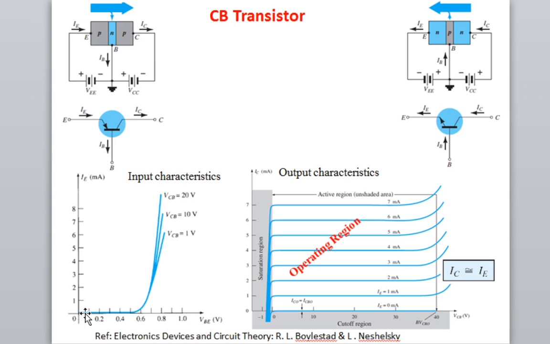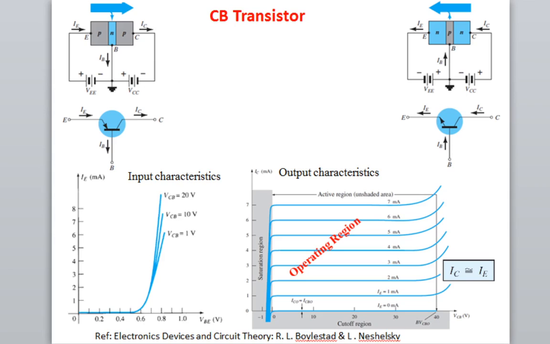When we change VEE or VBE, 0.1 volt, 0.2, 0.3, 0.4, if it is made from silicon, then current is not flowing. But as soon as you reach 0.6 or 0.7, which is approximated as 0.7 volt, current starts flowing. Now if you increase this voltage, the current will keep increasing. So this is known as the input characteristics curve.